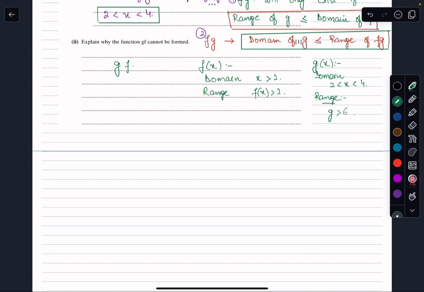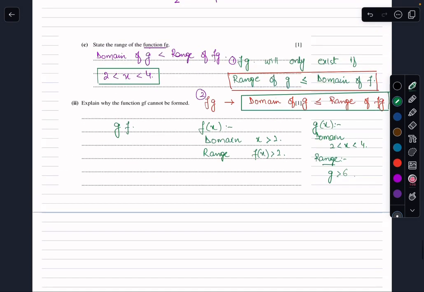So, explain why the function cannot be formed. For this, I can see that the range of f, f of x greater than 2, should be within the domain of the function g.